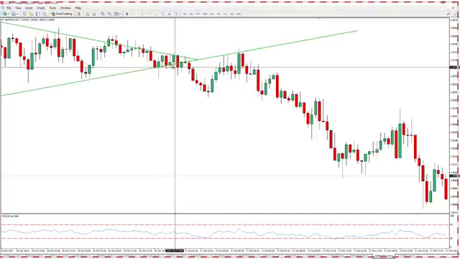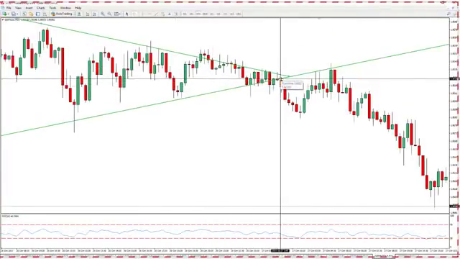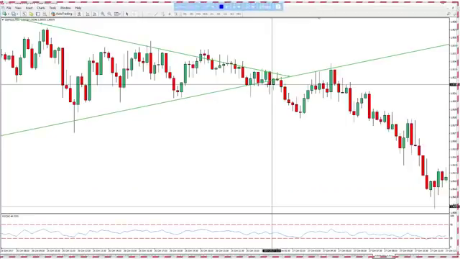It broke the triangle right here. So the entry would be either on this close, or on a pullback, which may be right up in here, and we'd put our stop loss above this area.